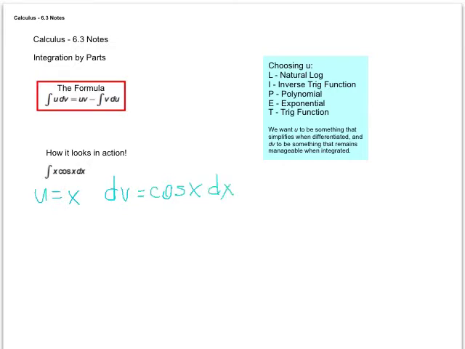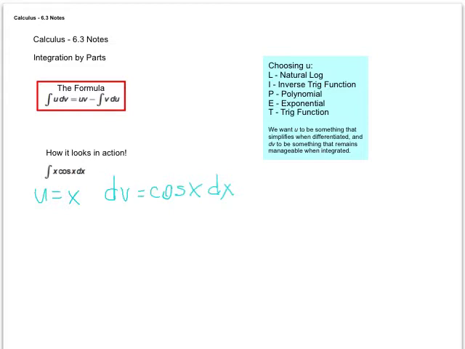Okay, we want u to be something that simplifies when differentiated. Hey, there's nothing easier to simplify than x. The derivative of x is 1. It's no problem. We want something that remains manageable when integrated. Hey, integrating cosine x dx, that's manageable. Okay, that's not going to give us a horrible thing to deal with.